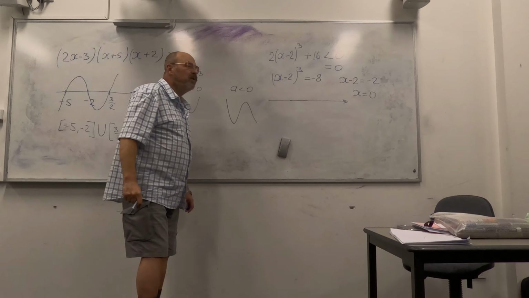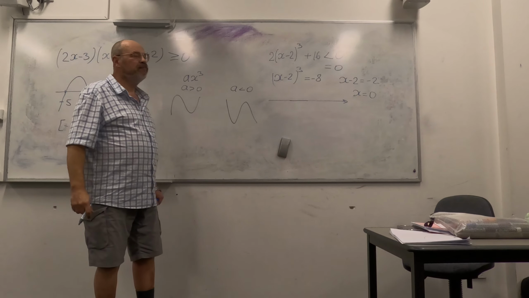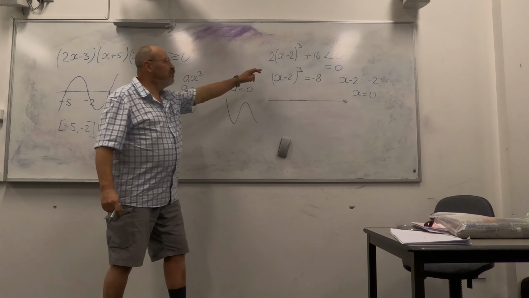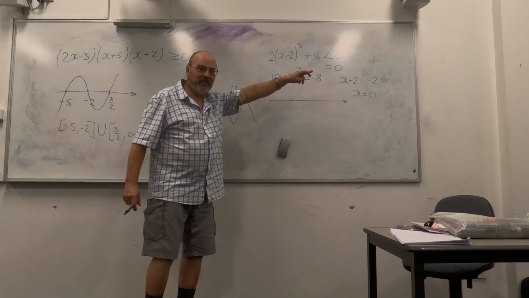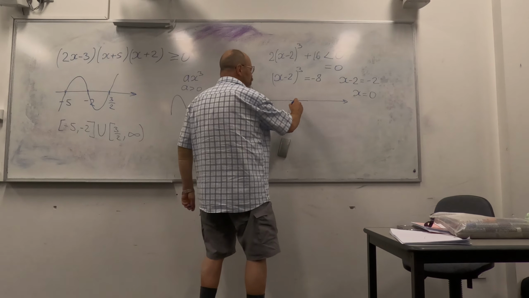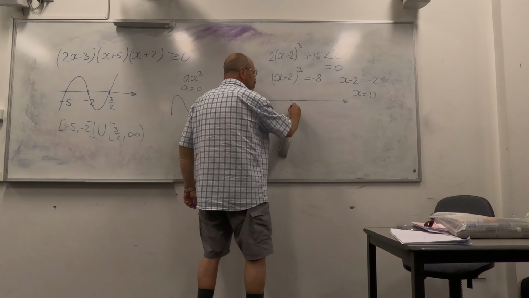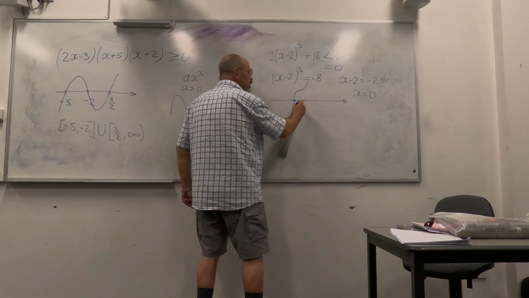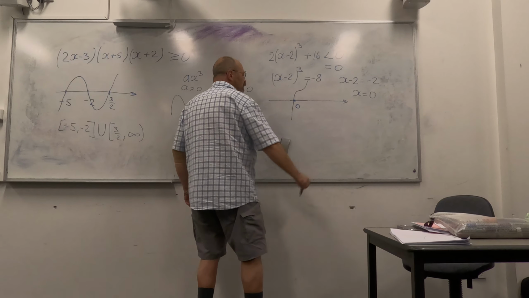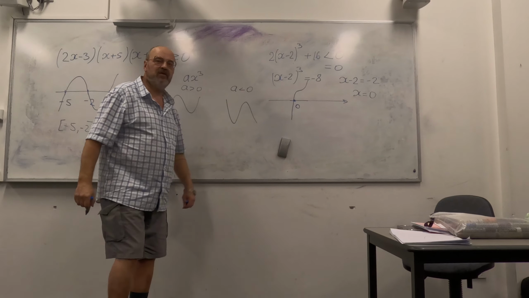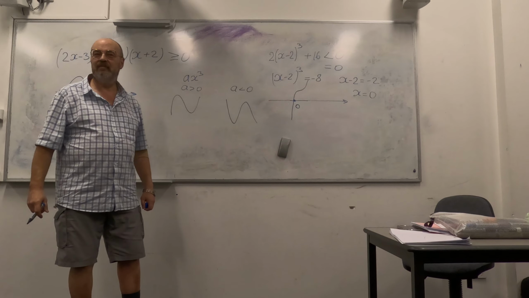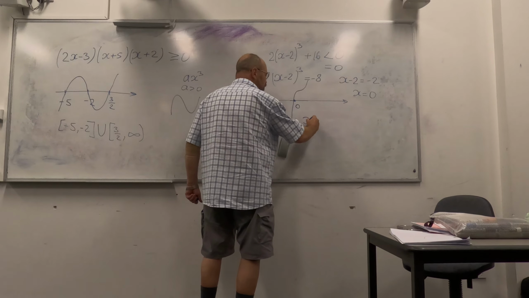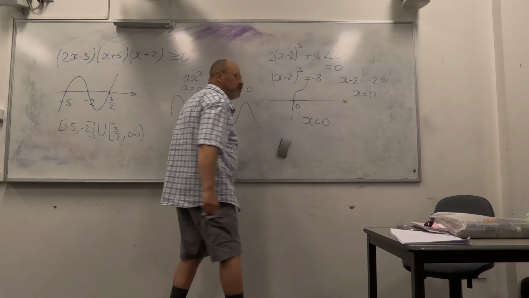And what will be the point of inflection? 0, 0. The point of inflection will be at (2, 16), so the graph looks like this, with this point being 0. So where is it less than 0? Below zero. So our answer will be x less than 0.